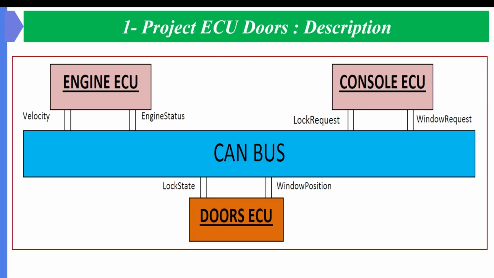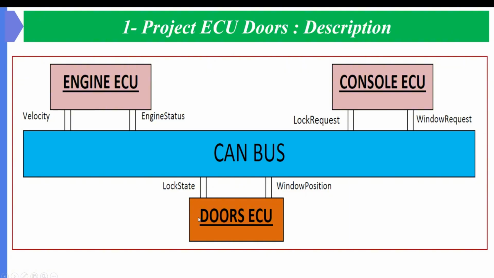Here you can find a presentation of the CAN bus that links the three ECUs. We have the engine ECU, which sends velocity and engine status to the CAN bus, to the other ECUs. We have a console ECU that can send requests to the other ECUs, for example to our doors ECU.